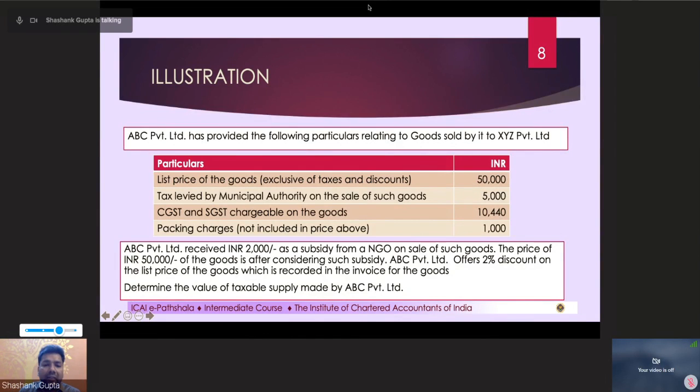Now, the confusion here is, the question says that the price of 50,000 is after considering the subsidy. So some of the people are of the view that this 2,000 was already added and it was not required to add again. While the question in itself is clear, since many of you are raising this point, you need to write for such cases what presumption you are taking.